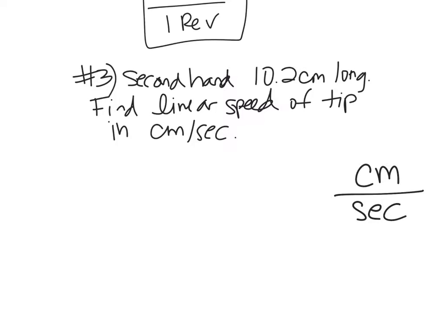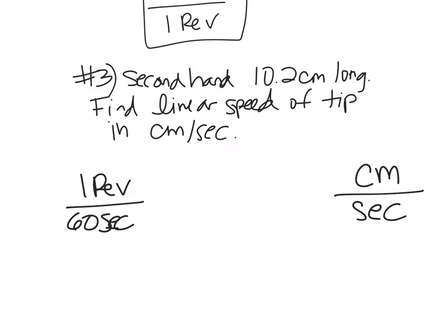Here we go. I need seconds on the bottom, and I know that one revolution around this clock takes how long? How many seconds does it take to go one revolution? 60 seconds. Perfect. One revolution is 60 seconds. Now, they didn't give me that. That's just common knowledge, right? One revolution around that clock is 60 seconds.